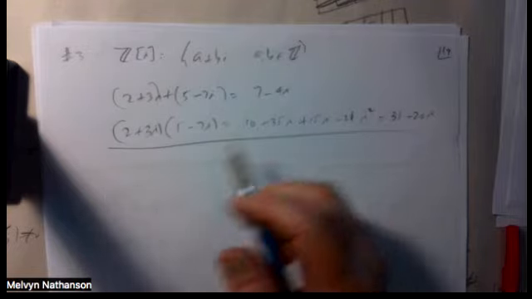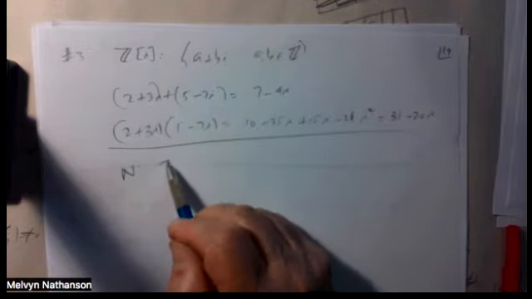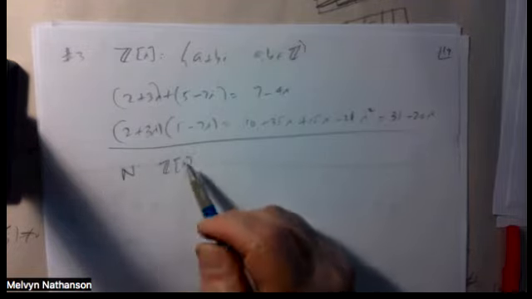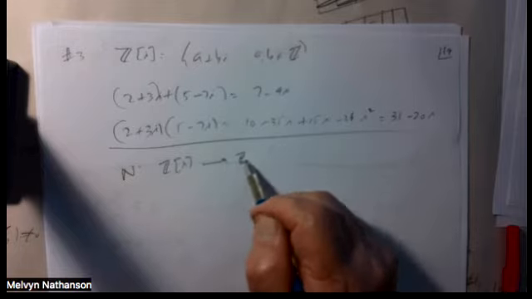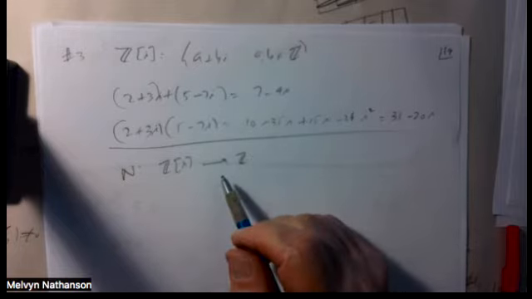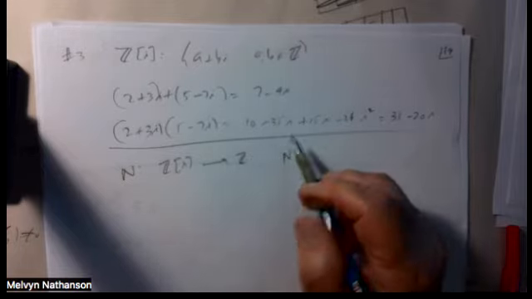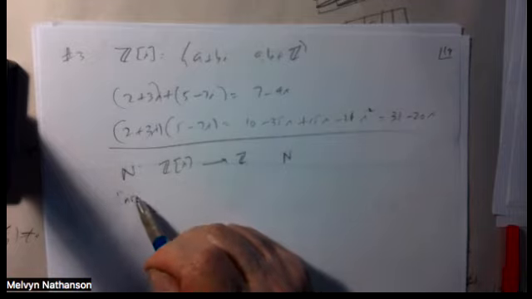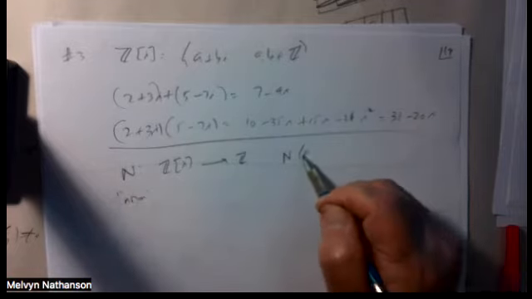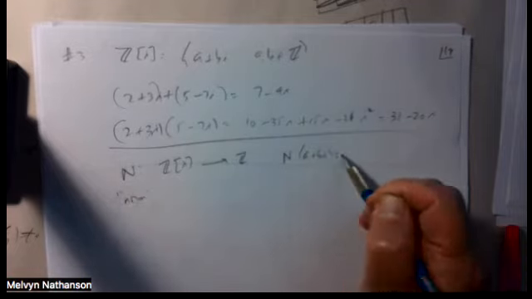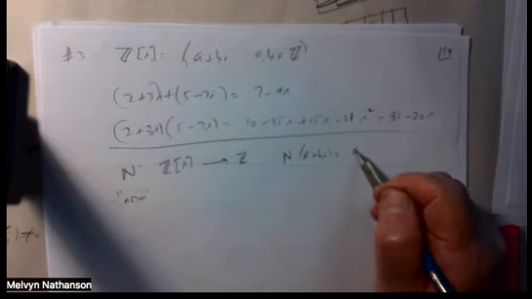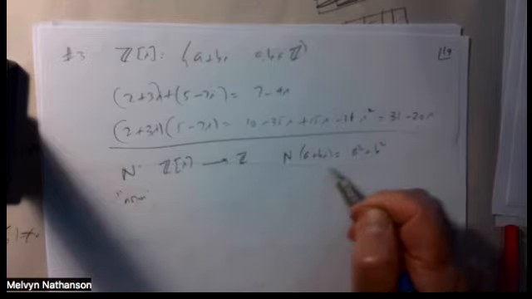And we define this function N from this set, it's a ring, Z[i], to Z, and you define it as follows. N is called the norm. The norm of this complex number, a plus bi, is just the sum of the squares of the real and imaginary parts.